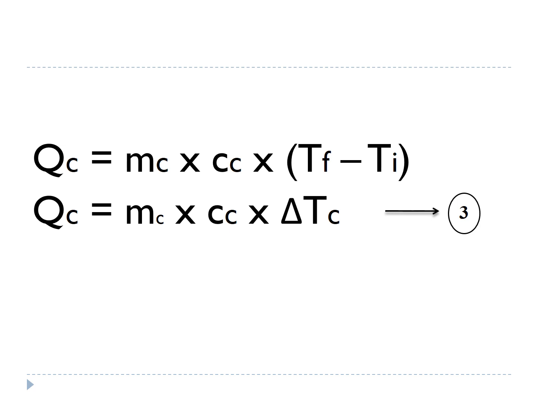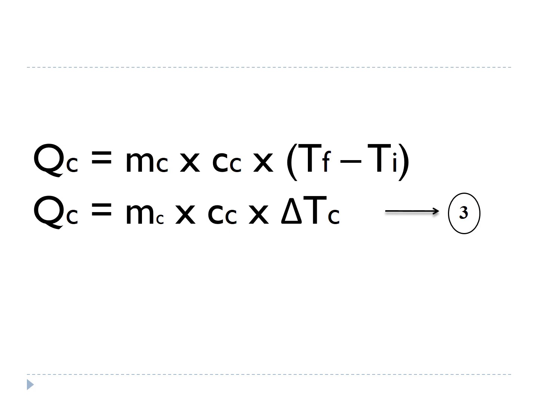It's taking heat from the object and it's going to increase. So the final temperature is going to be more. That is why Tf minus Ti. So the heat of the calorimeter depends upon mass of the calorimeter, specific heat of the calorimeter, and the temperature difference. So Qc is equal to Mc into Cc into delta Tc. This is the third equation.